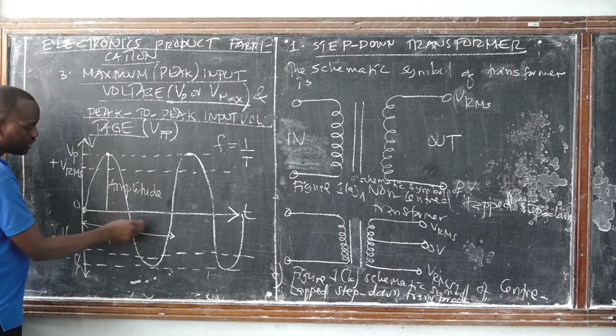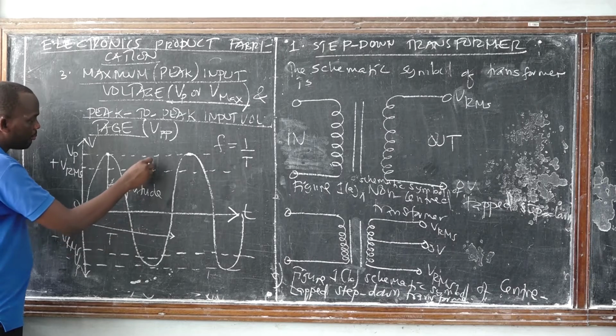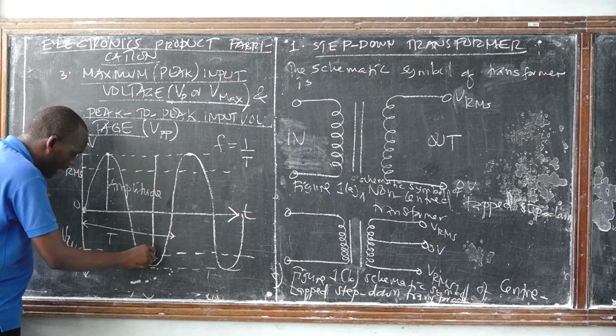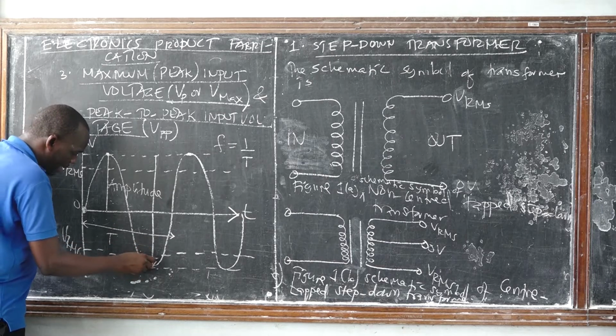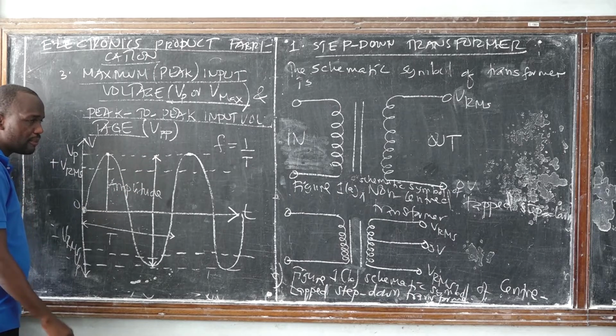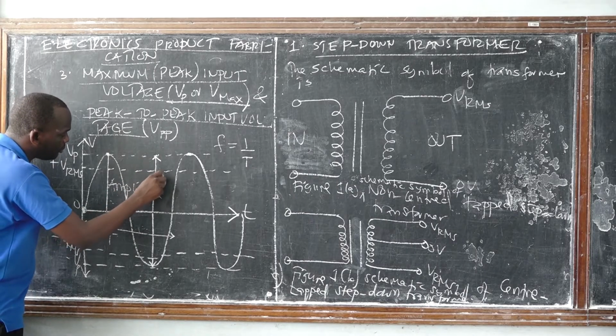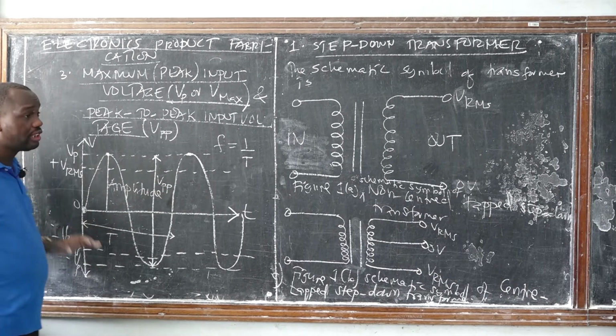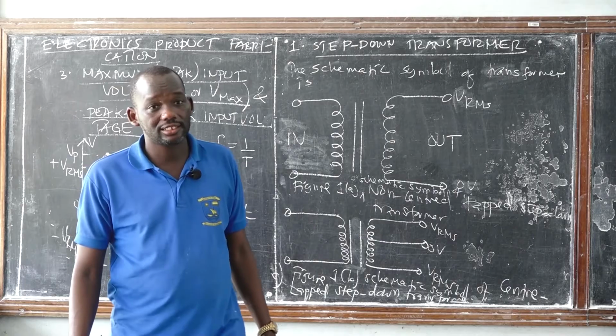This is one complete cycle: positive half cycle, negative half cycle. The distance from the positive maximum point to the negative maximum point is what we call the peak to peak. Are we together, class? Okay.